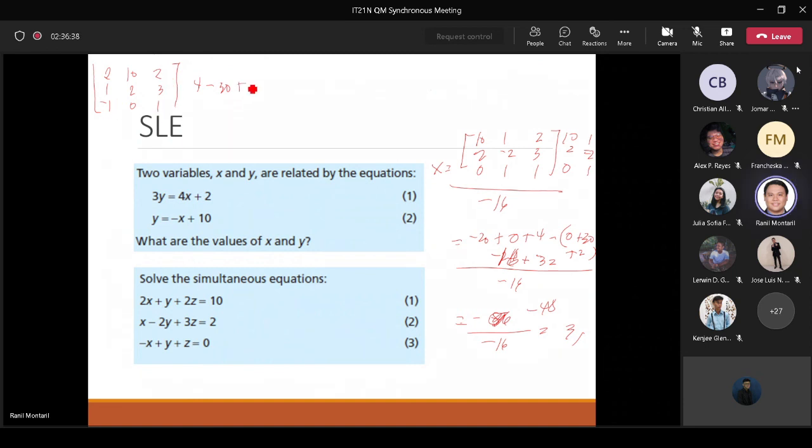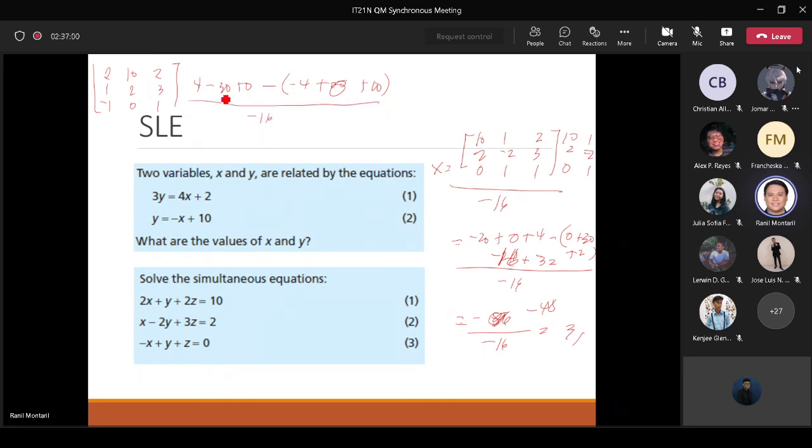So, plus 0. Minus, the upward ones, this is negative 4. Plus 0. 1, 2, 10. 1, 1, 10. So, plus 10. Divided by negative 16.